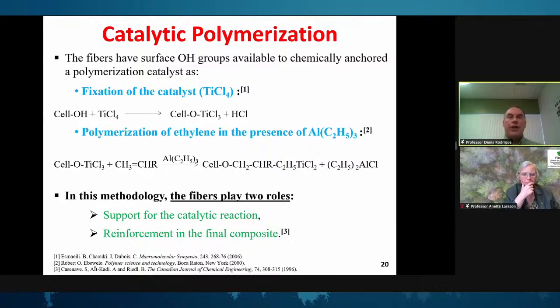It's quite easy, and it's one of the most used polymers, so you can find data in the literature, but it can be done using other monomers or polymers. You just have to adjust the catalyst and the conditions. If you have surface reactive groups on your fibers, no problem. Thank you very much. Thanks.